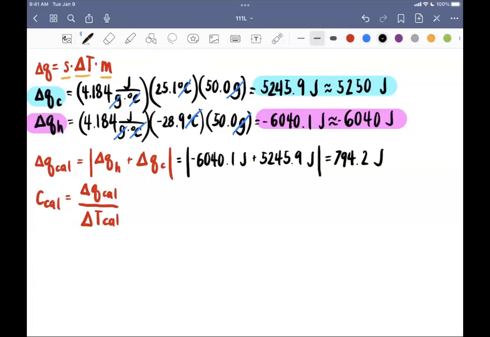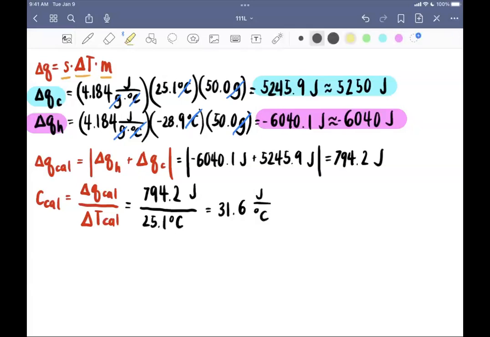So the setup for this is going to look like this, where we have 794.2 joules divided by our temperature change of 25.1 degrees Celsius, which is going to give us 31.6 joules per degree Celsius as our heat capacity for the calorimeter.